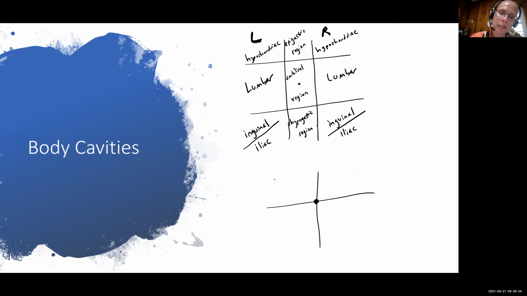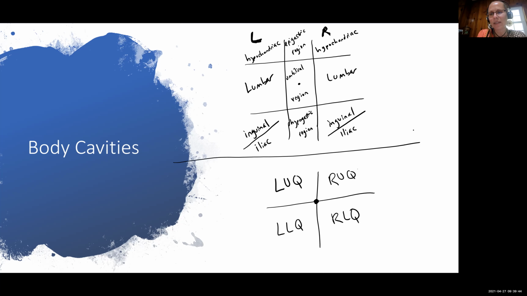So you just have the left upper quadrant, right upper quadrant, left lower quadrant, right lower quadrant. Okay. And so we can talk about the abdominopelvic region. These are like superficial designations.